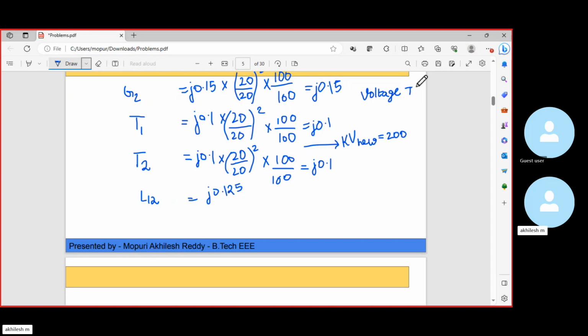Voltage transformation. Previously, 20 kV is the kV new. For 20 kV, the meaning is this corresponds to the kV new value, and this corresponds to the primary of the transformer.